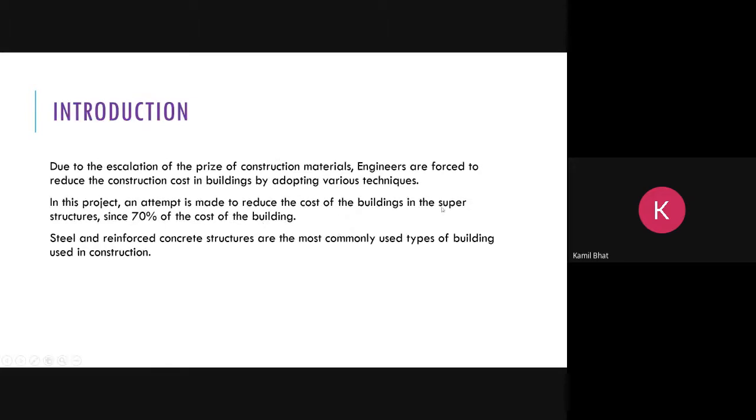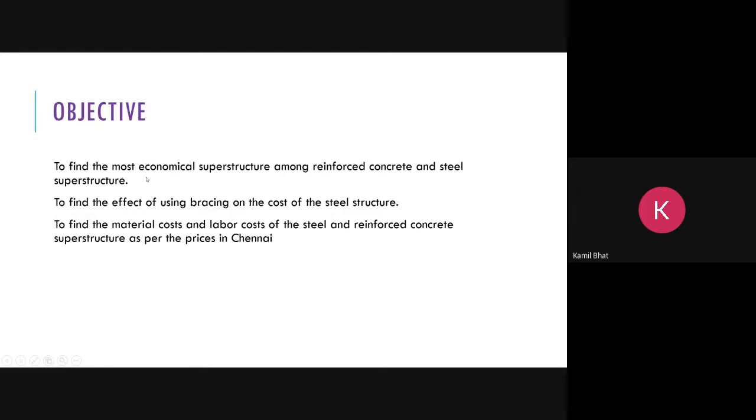But we'll see that based on superstructure only. Superstructure means above ground part. The objective of the paper is to find the economic superstructure among reinforced concrete and steel superstructure. And for steel structure, we'll also apply bracing.